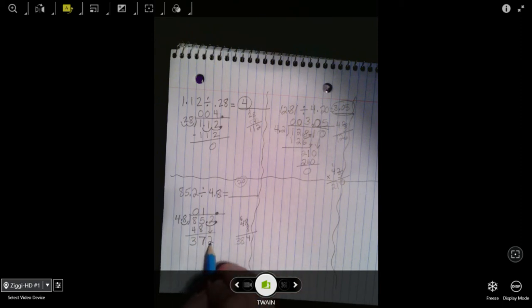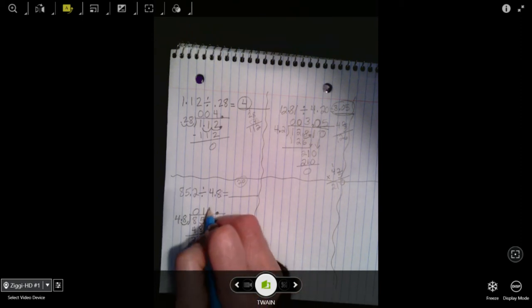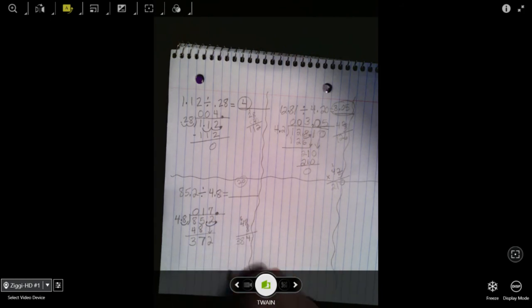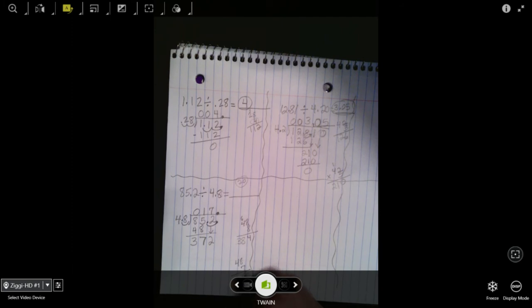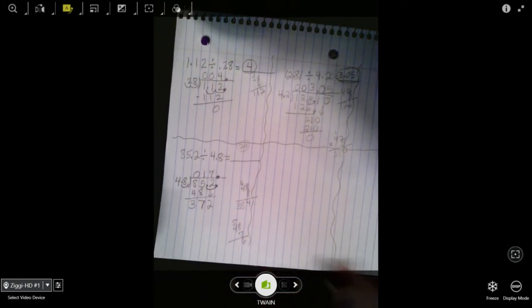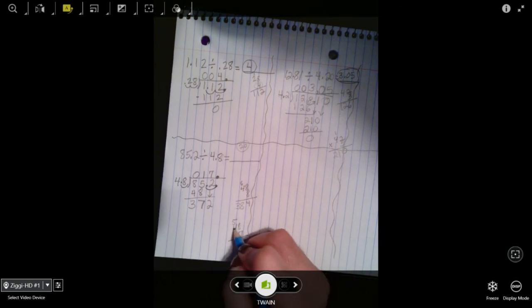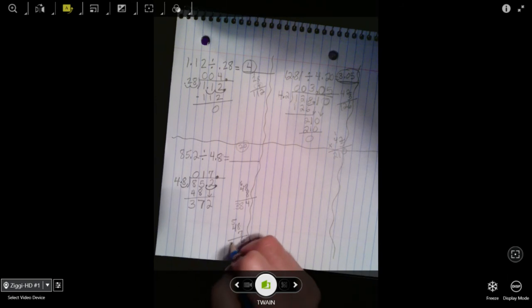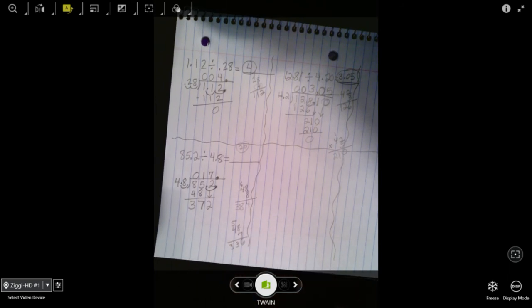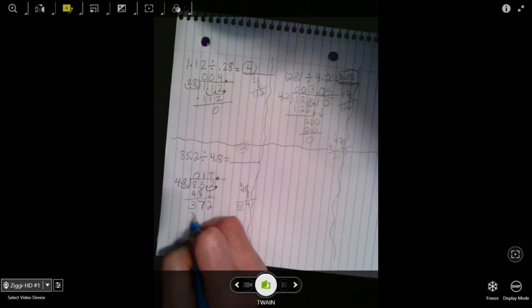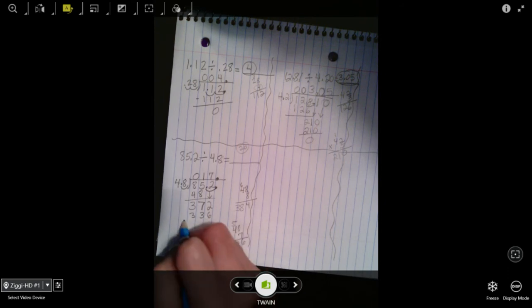I want 372. So I'm going to need to do 7. Okay, so 48 times 7 is 56. Can you see what I'm doing here? 7 times 4 is 28, plus 5 is 33. 336. That's going to have to work because I know 384 was too big. So I'm going to put 336.